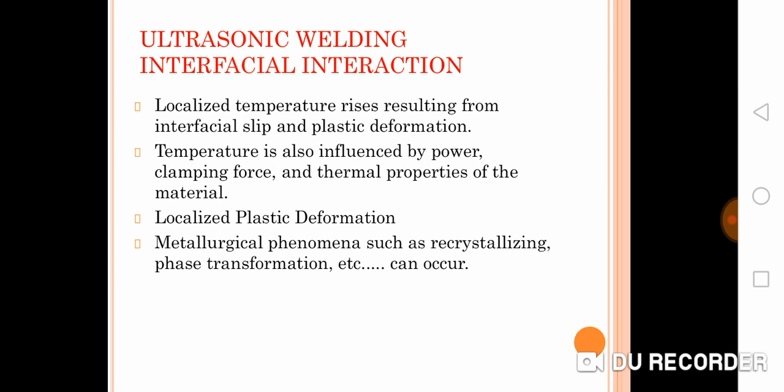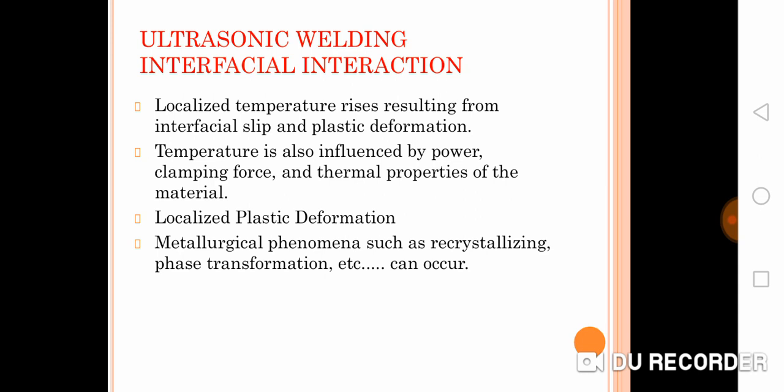Now what is happening at the interface of the material when you are performing ultrasonic welding? Basically, localized temperature rises happen at the point of contact of the sonotrode tip, where the vibrations are happening. Not much heat affected zone or other temperature disturbed regions form in this; only localized heating will form.